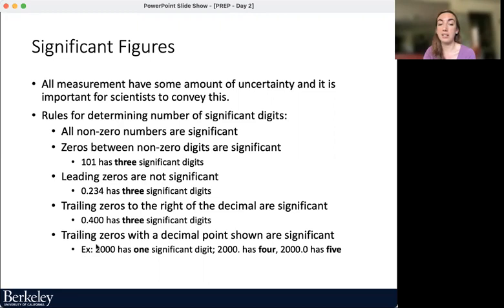All I know is it's around 2000. But if I write 2000 with a decimal point there, that means it's exactly 2000. It's not 2001. And then if I write 2000.0, because that 0 is to the right of the decimal point, that is 5 significant digits. So that 0 is also significant.